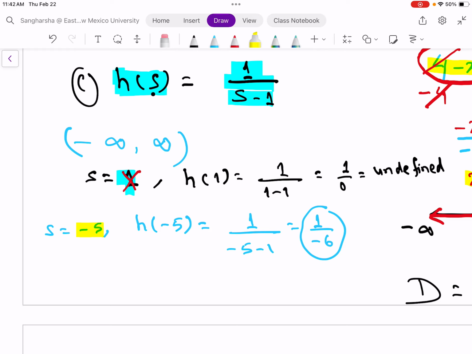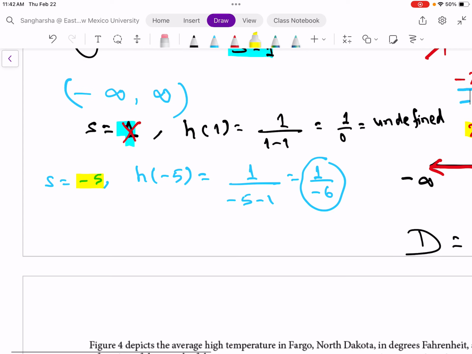Now how do we write this in interval notation? We draw a number line. We have positive infinity and negative infinity. What number is not in the domain for this function? We have 1. Since 1 is not in the domain, we are excluding 1. Do we use a closed circle or an open circle?